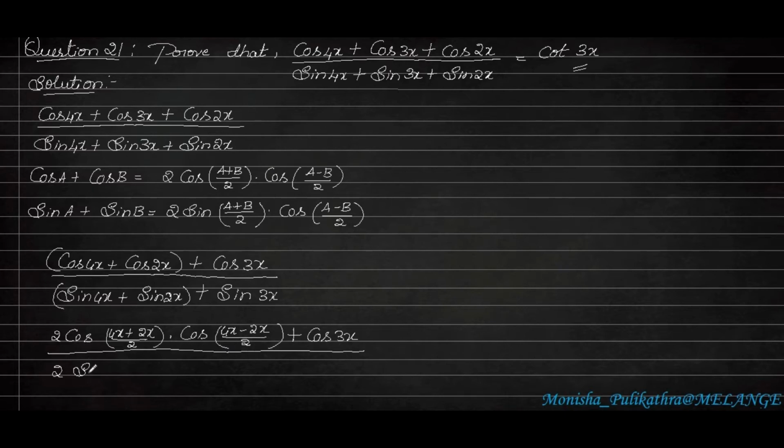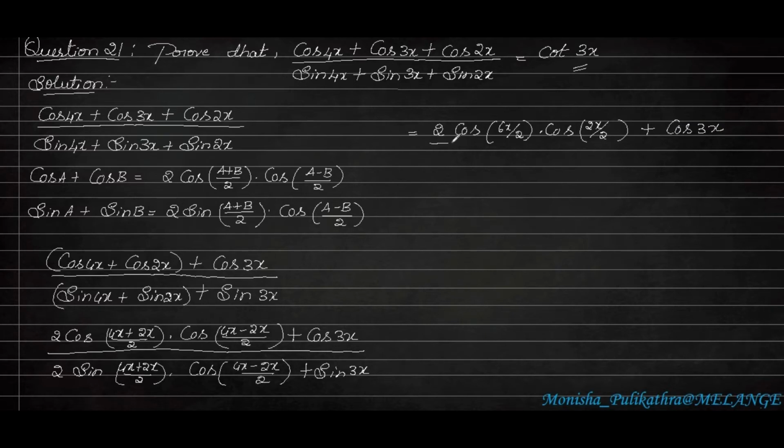So it is 2 sin (4x plus 2x) divided by 2 into cos (4x minus 2x) divided by 2, plus sin 3x as it is. So in the numerator it will become 2 cos 6x by 2 into cos 2x by 2 plus cos 3x.